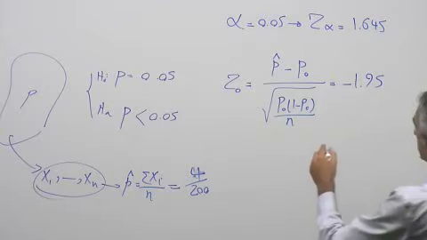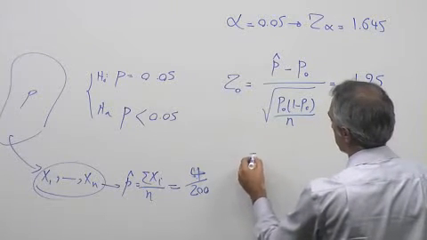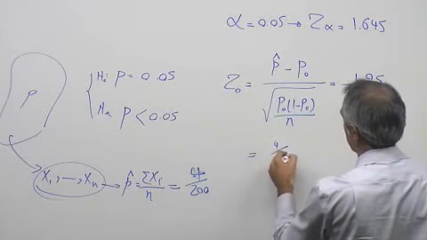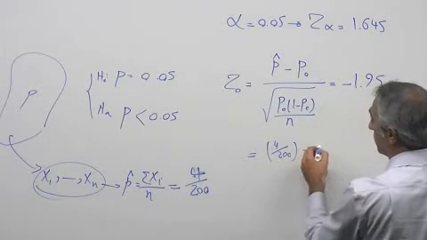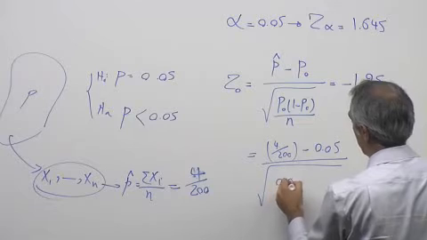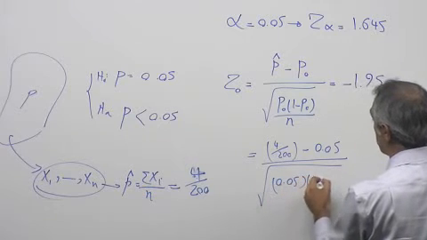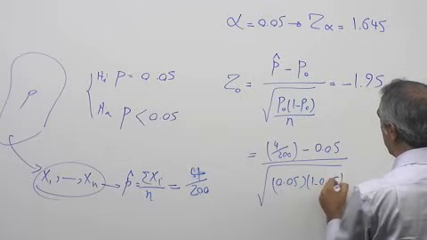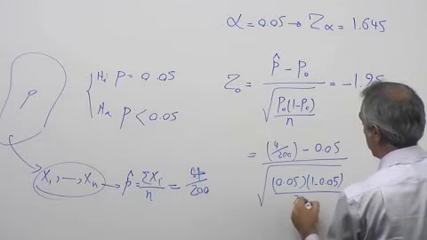Because your P0 is 0.05, so it's basically this guy minus 0.05 divided by the square root of 0.05 times 1 minus 0.05 divided by 200.